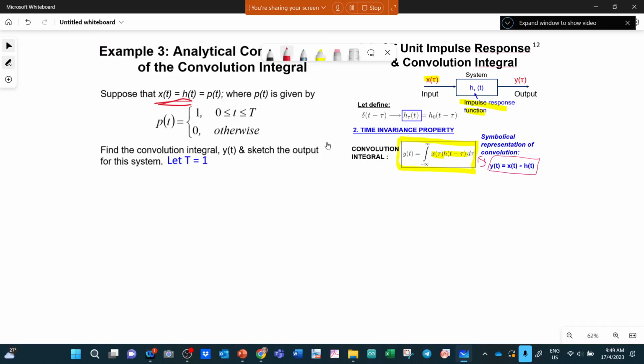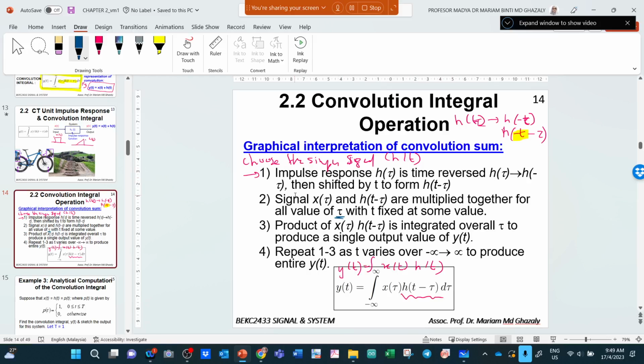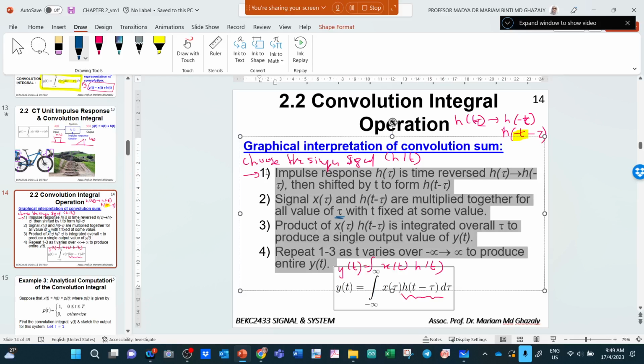So for this case, let's say that T is equal to 1. Plot x(t) and h(t).